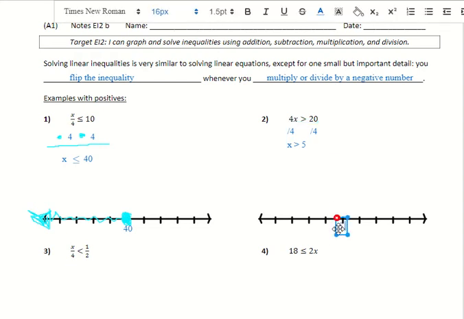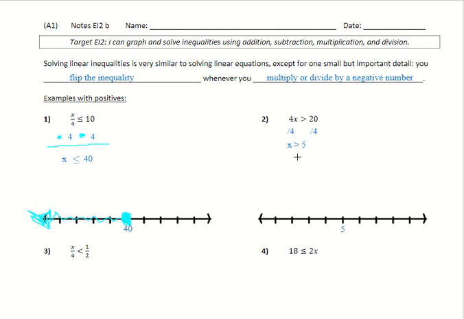So I'm going to put 5 down as my critical number. Because I do not have the equal sign here, it's not greater than or equal to, it's just greater than, I'm going to have an open circle here at 5 to indicate that 5 is my critical number, but I don't want to include 5.